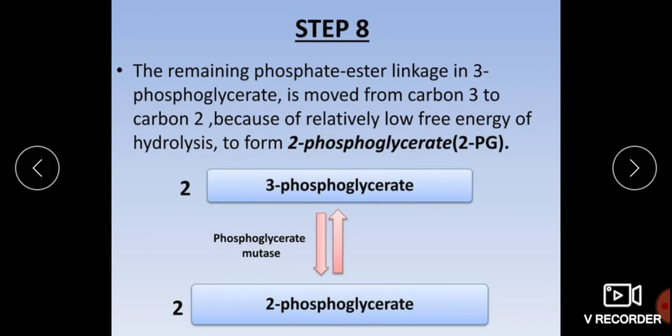The reaction is catalyzed by phosphoglycerate mutase, and the molecule of 2-phosphoglycerate is produced. In this reaction only the position of the phosphate molecule gets changed. Here the phosphate molecule is at carbon atom number 3. Here the phosphate molecule is at carbon atom number 2. So these are isomers of each other, and this is a reversible reaction.